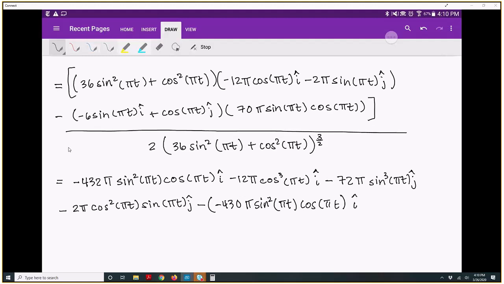And then plus 70 cosine squared of pi t sine of pi t j cap.